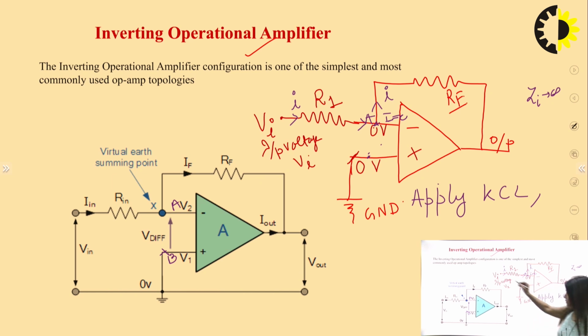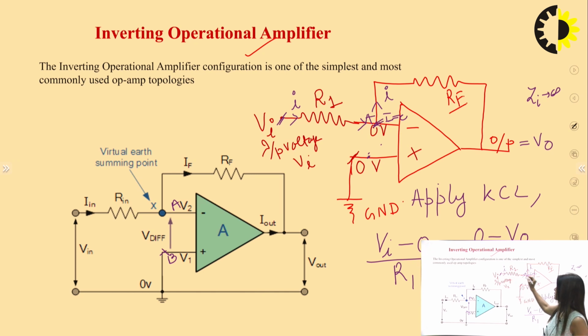So the current through the resistance R1, Vi minus 0 upon R1, is equal to the current going towards the output, 0 minus VO upon RF, where VO is the output voltage.